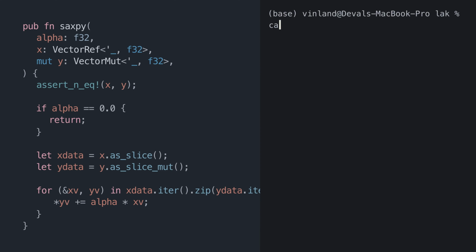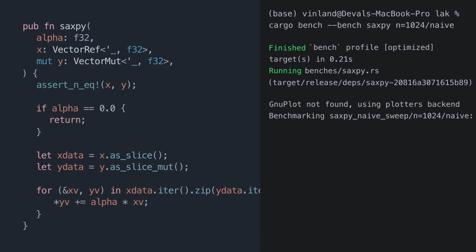Benchmarking, again with vectors having 1024 elements, it's already super fast.